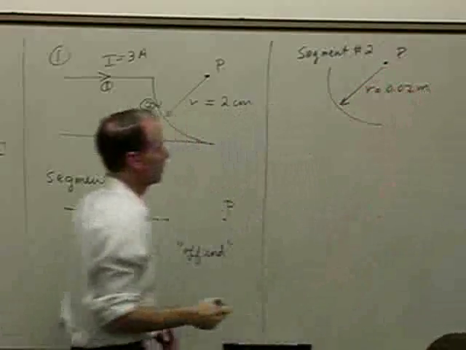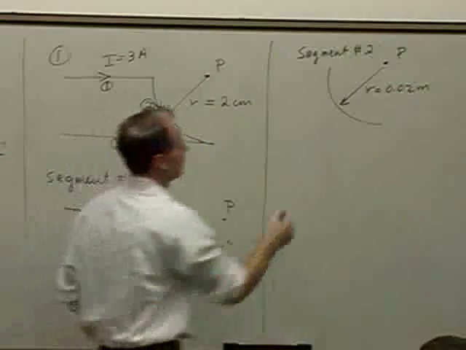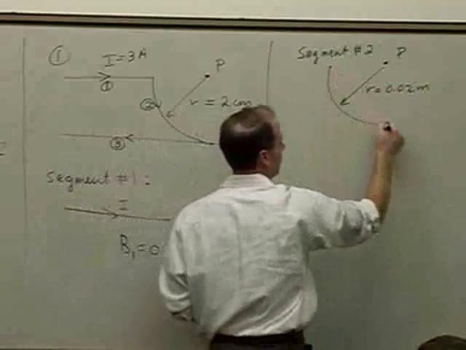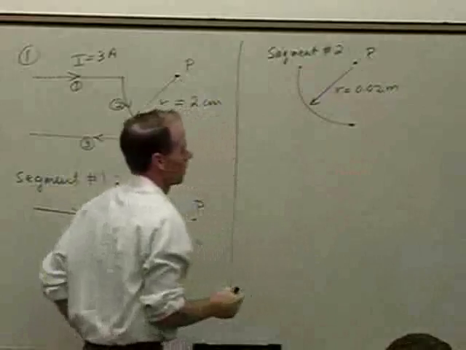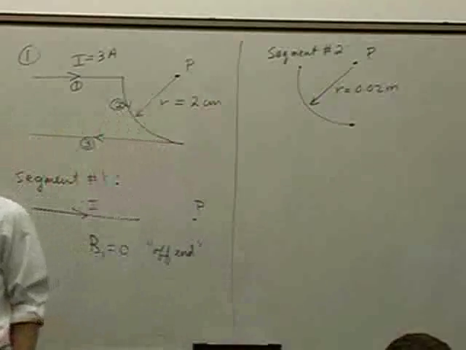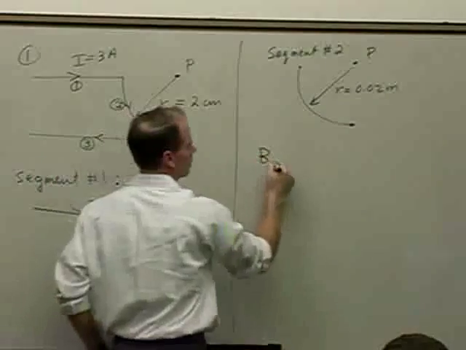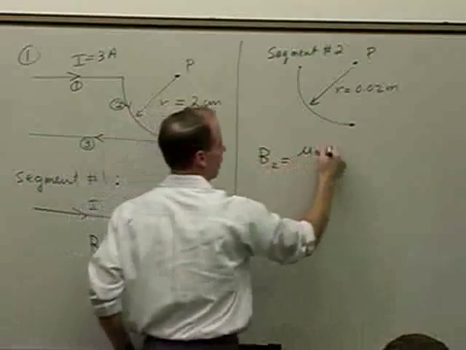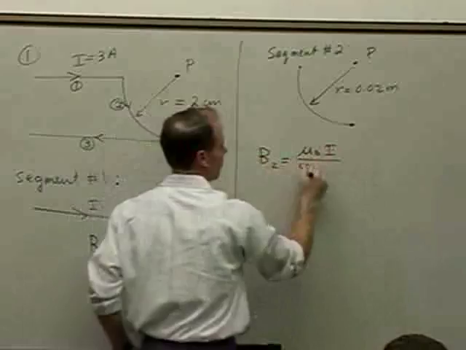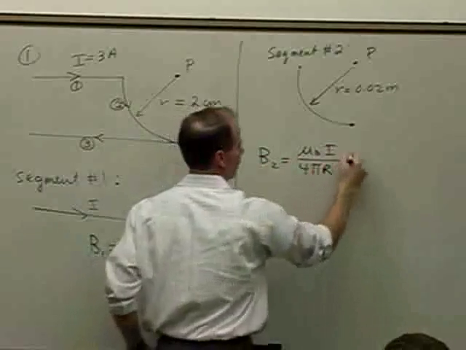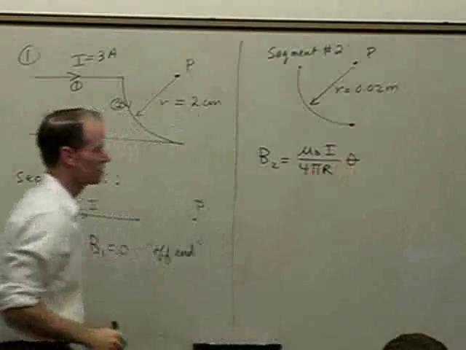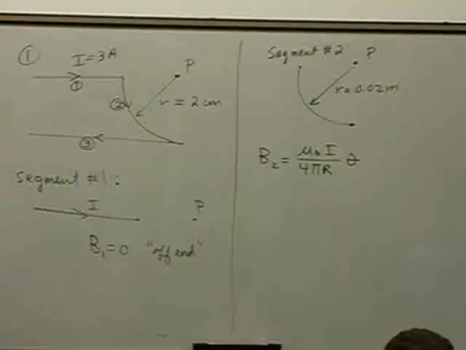R is 2 centimeters or 0.02 meters. And we're looking at this segment right here. We have a curved segment, and we have a formula for that. So B2 is going to be mu naught I over 4 pi r times theta, where r is the radius of our curvature, and theta is our angle.